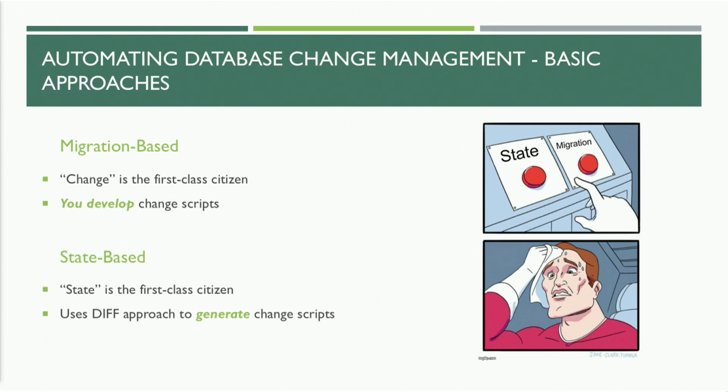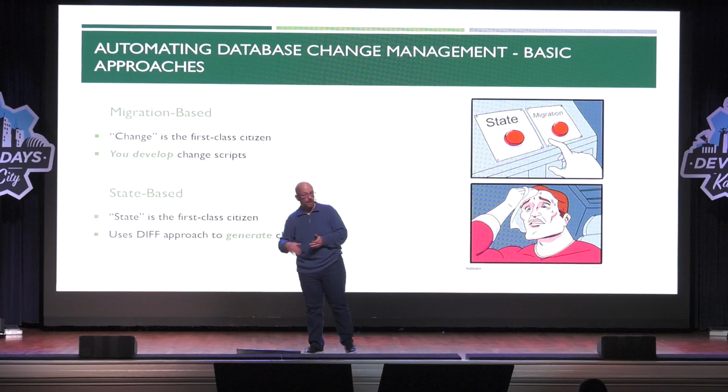All right? There's what's called migration-based change management, and this says that the change itself is the most important thing. It is the first-class citizen of what we're trying to do. It is a situation where you develop the scripts, you say, I'm going to make this change, and then you manage the heck out of that change through whatever qualification pipeline you have until it hits production.